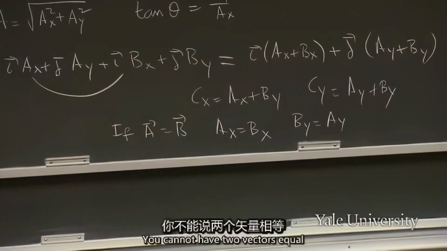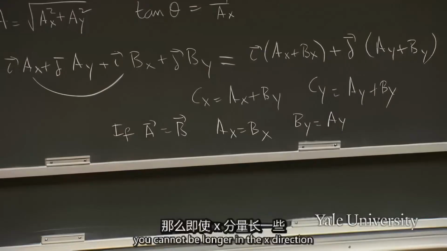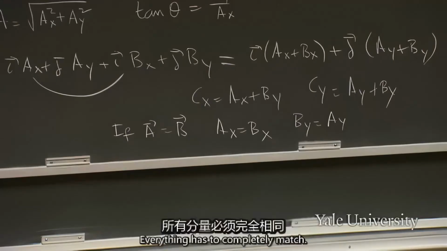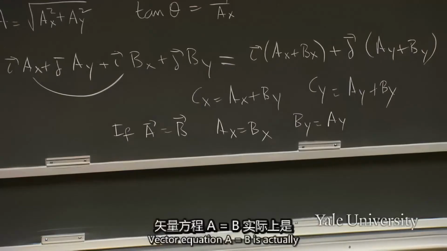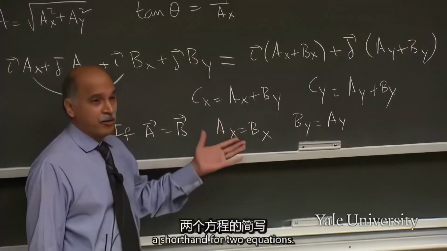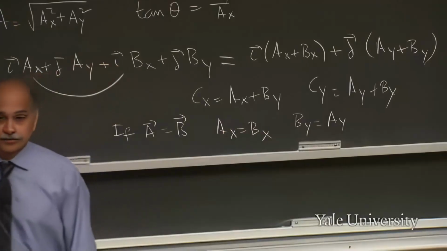You cannot have two vectors equal without exactly the same x component and exactly the same y component. That's pretty obvious. If two arrows are equal, you cannot be longer in the x direction and correspondingly shorter in the y direction. Everything has to completely match. So the vector equation A equals B is actually a shorthand for two equations. The x parts match and the y parts match.